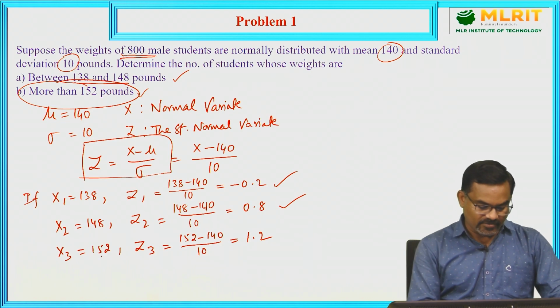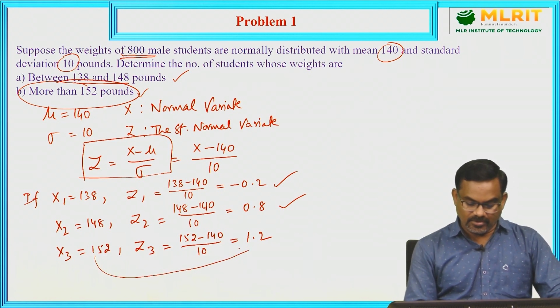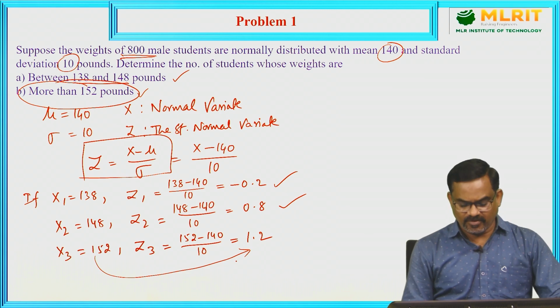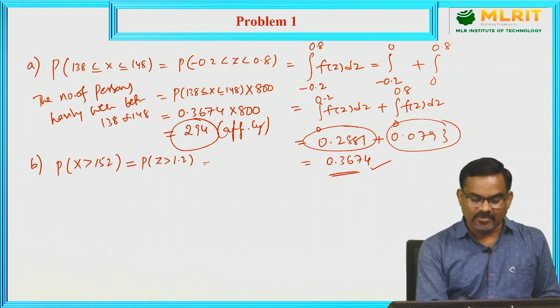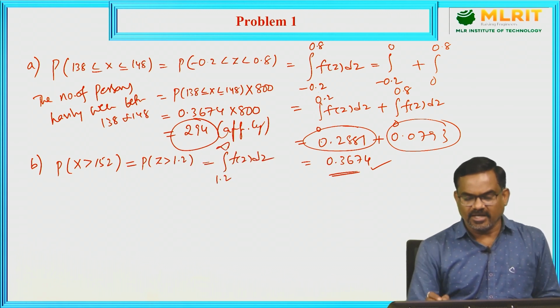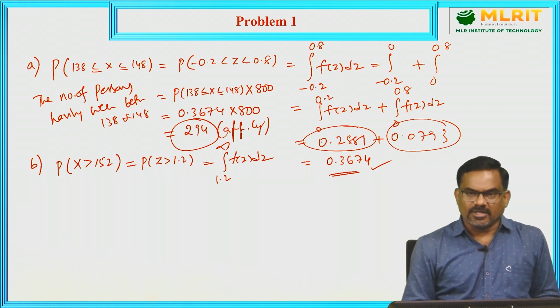Already we have converted 152 into the standard normal variate value, which is 1.2. So, probability of z greater than 1.2. That means from 1.2 to infinity, we need to calculate the area under the normal curve.